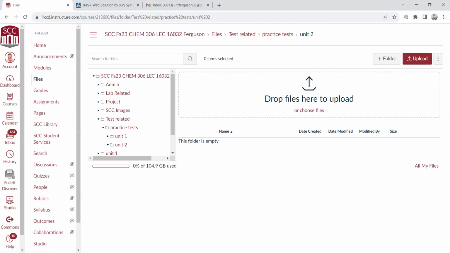Let me zoom over here. Okay, so let's look at some past tests.